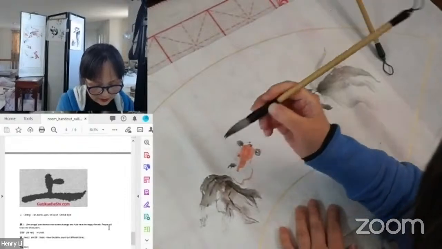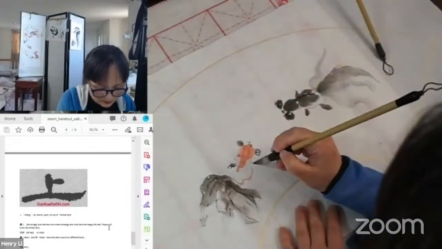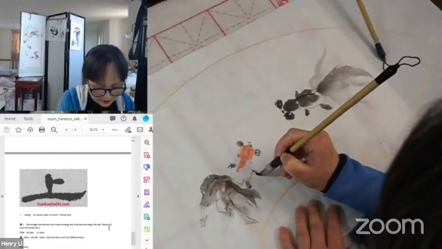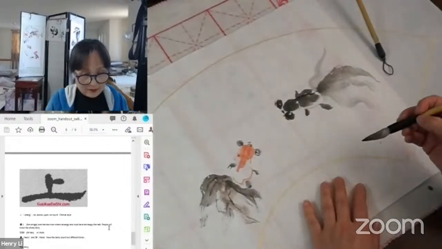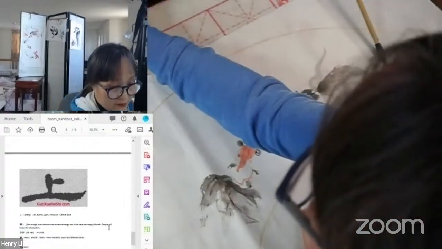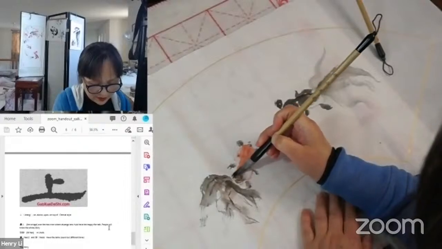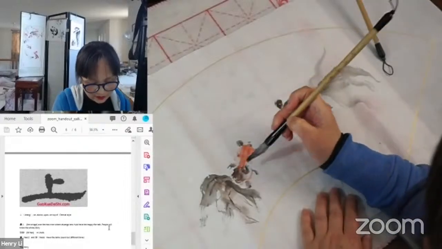Fin. Something's very subjective on the back.